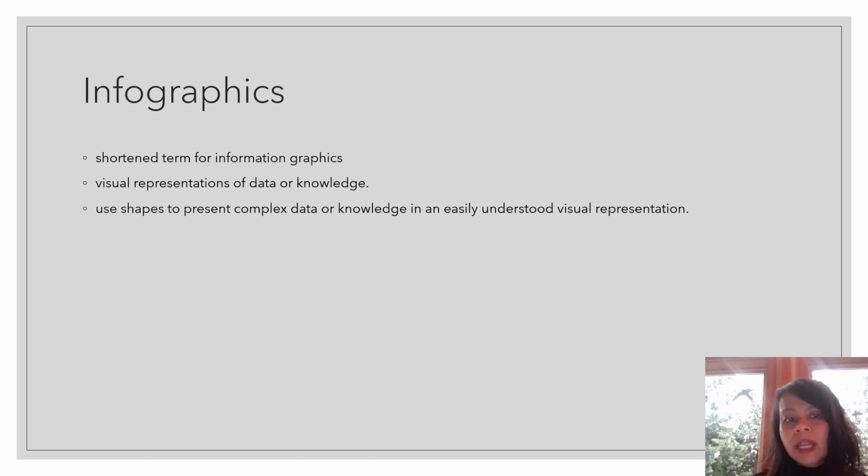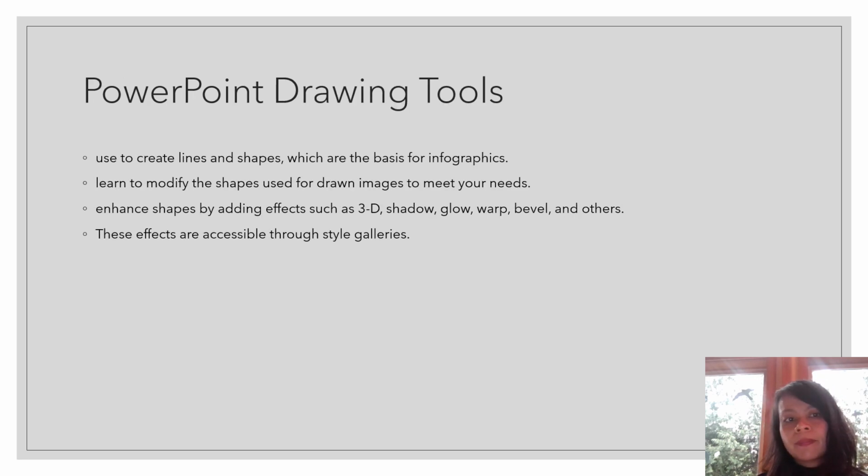Infographics basically use shapes to present complex data or knowledge in an easily understood visual representation. So instead of having a long report to read, the infographic highlights the key points of a report in a visual format, so the audience can take away the most important aspects of that report.